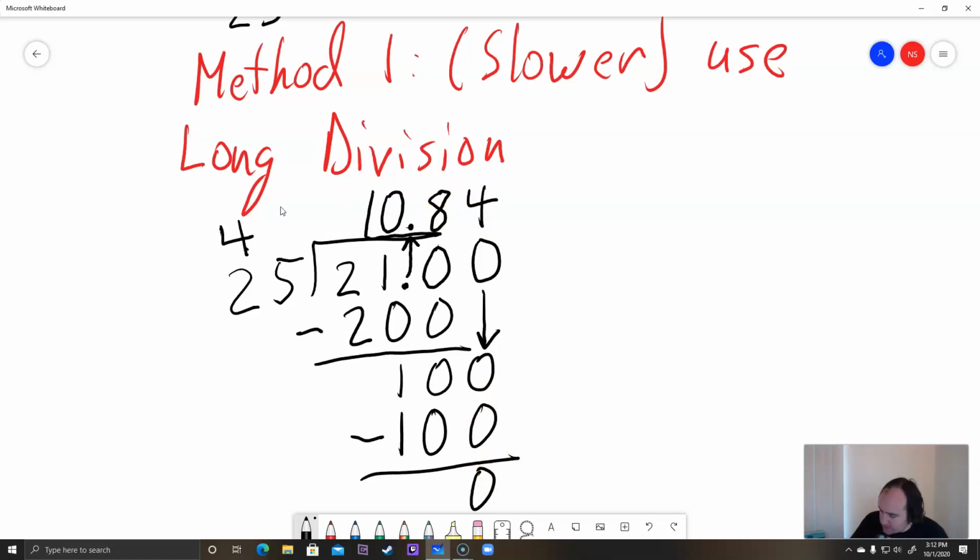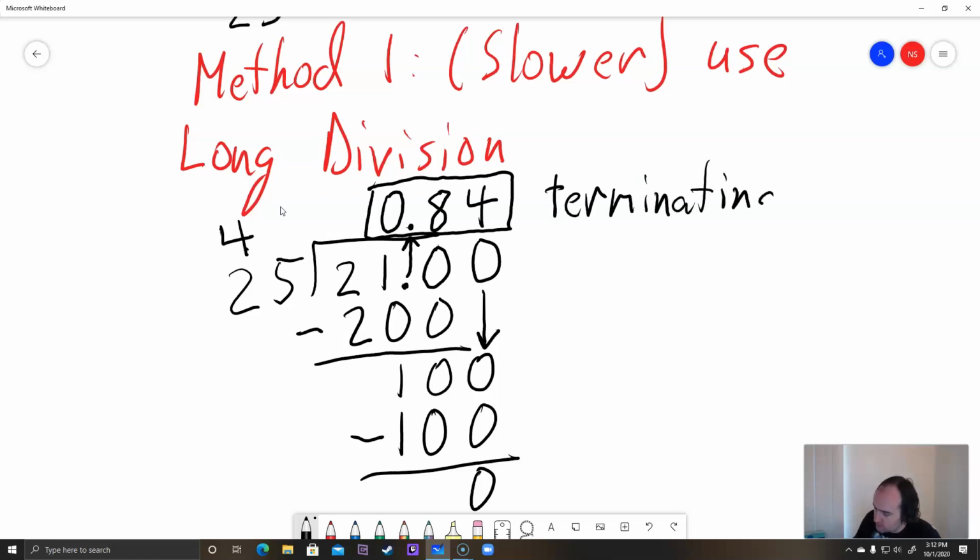Okay, so I'm going to circle that, or box that. 0.84 is called the quotient, which is the same as the answer to a division problem. And because 0.84 doesn't repeat and it stops, it's called a non-repeating terminating decimal.